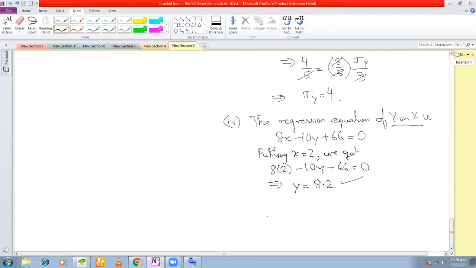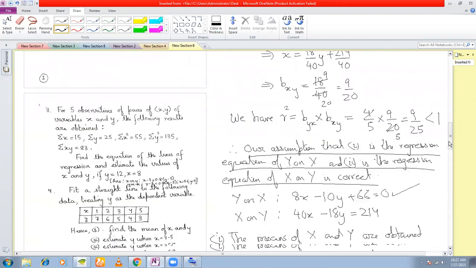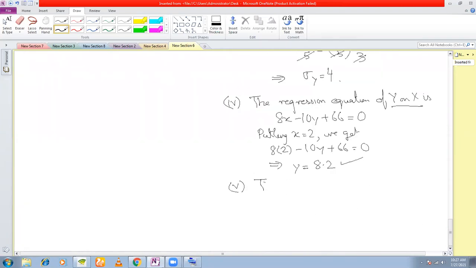Okay. And the next question here is the value of x for y is equal to 3. This time we are going to use which one? Regression equation of x on y, because we want to find out the value of x. Let's write down the equation first. The regression equation of x on y is 40x minus 18y is equal to 214.